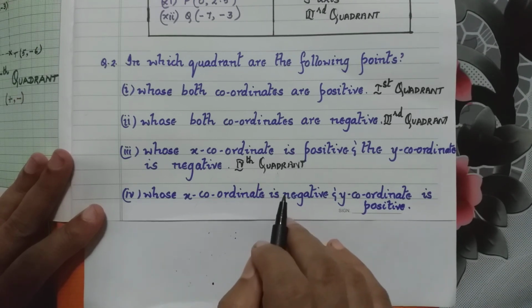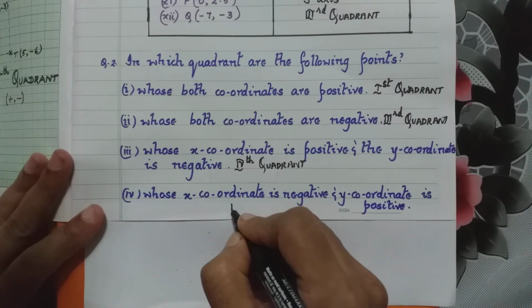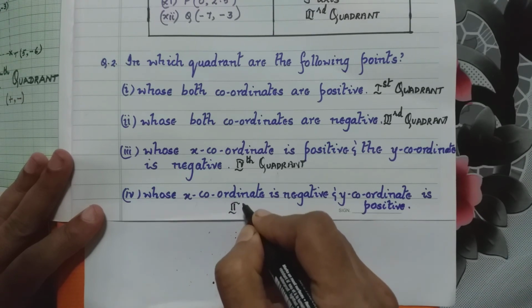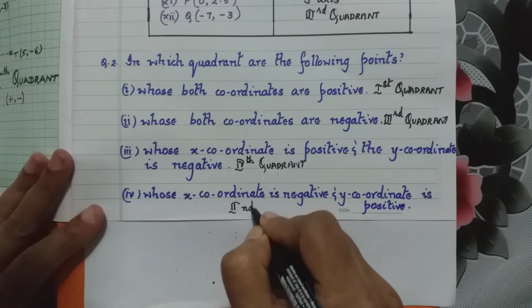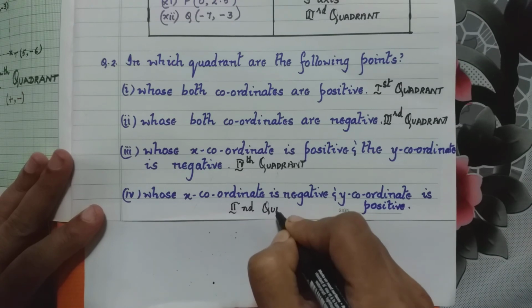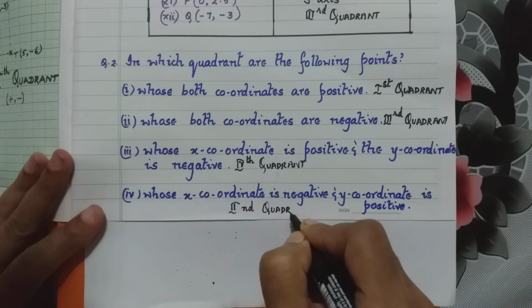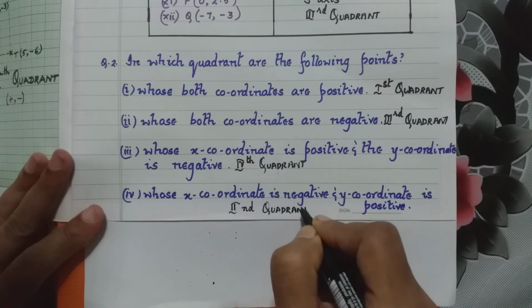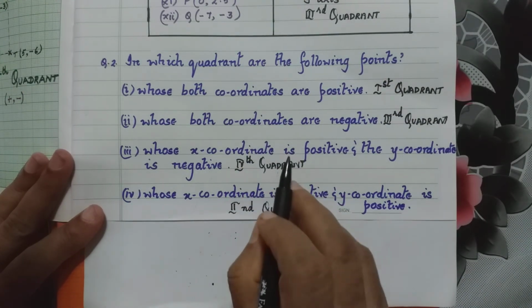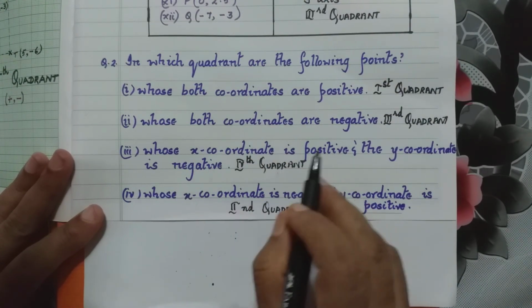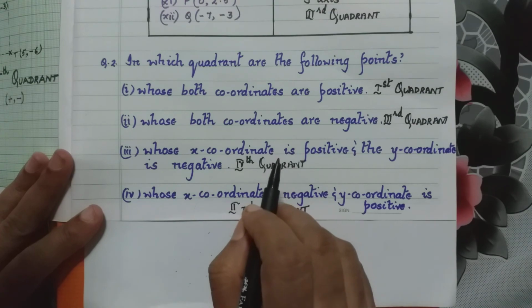Therefore, it is nothing but the second quadrant. All this we can confirm when looking at the graph and marking the points.